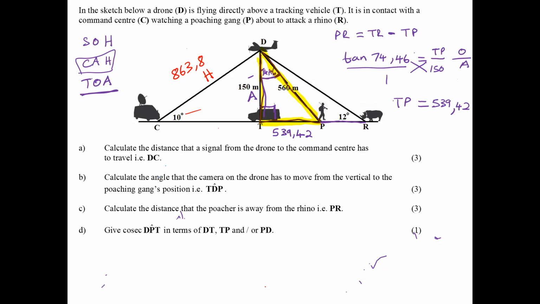Remember, what is our goal here? Our goal is to find PR, but we cannot go direct to PR because PR is not in a right angle triangle. So our next step is going to the big triangle. I'm going to highlight the big triangle in green.